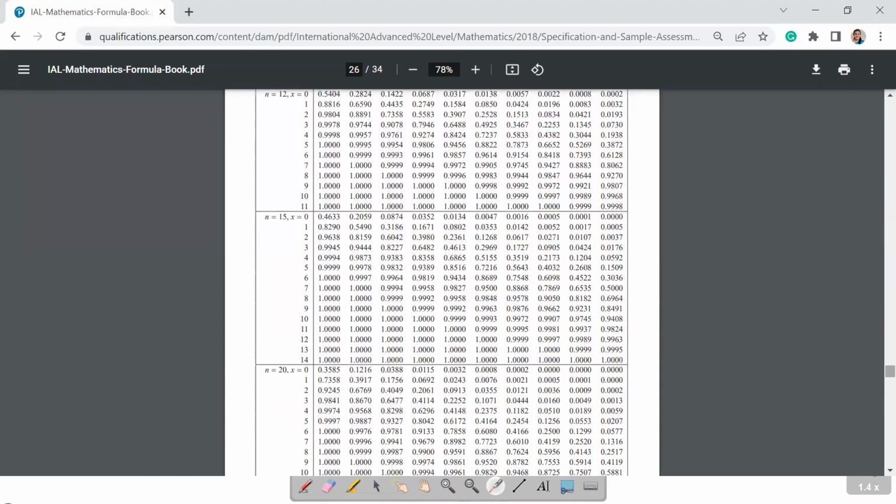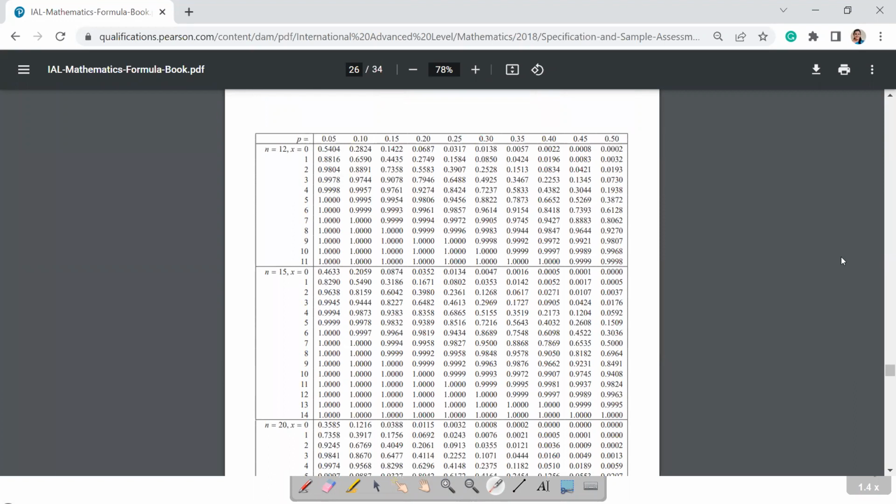So in exercise 2B, question number 2, they say you have a binomial distribution. Okay, so we have a binomial distribution. Let's work it out.